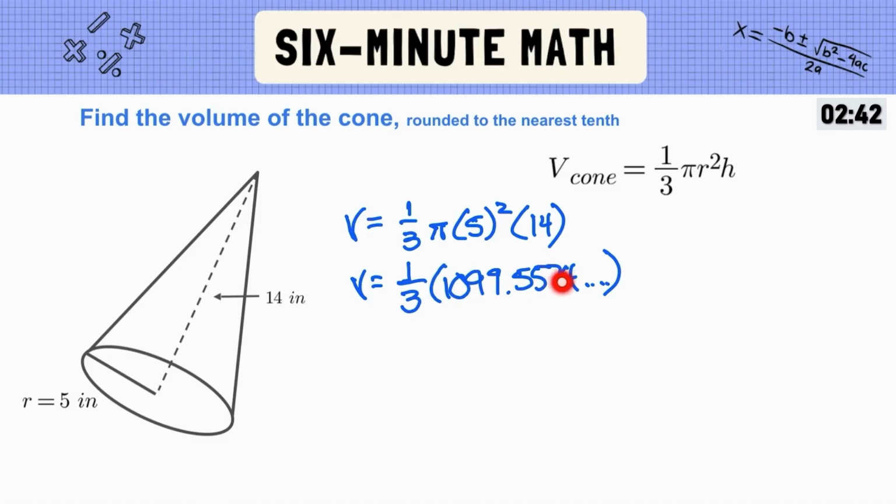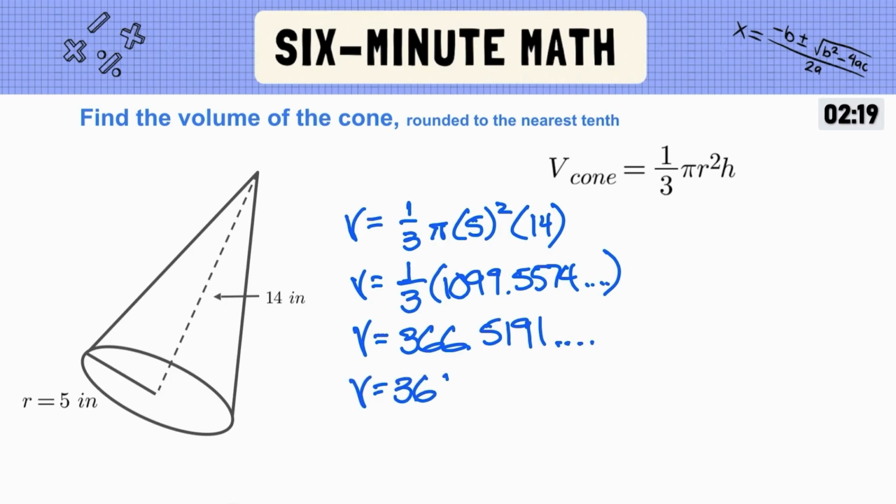That would be the volume of a cylinder with our measurements of 5 and 14. I multiply that by 1/3 to give us a volume of 366.5191. And then I round to the nearest tenth for a volume of 366.5 cubic inches.